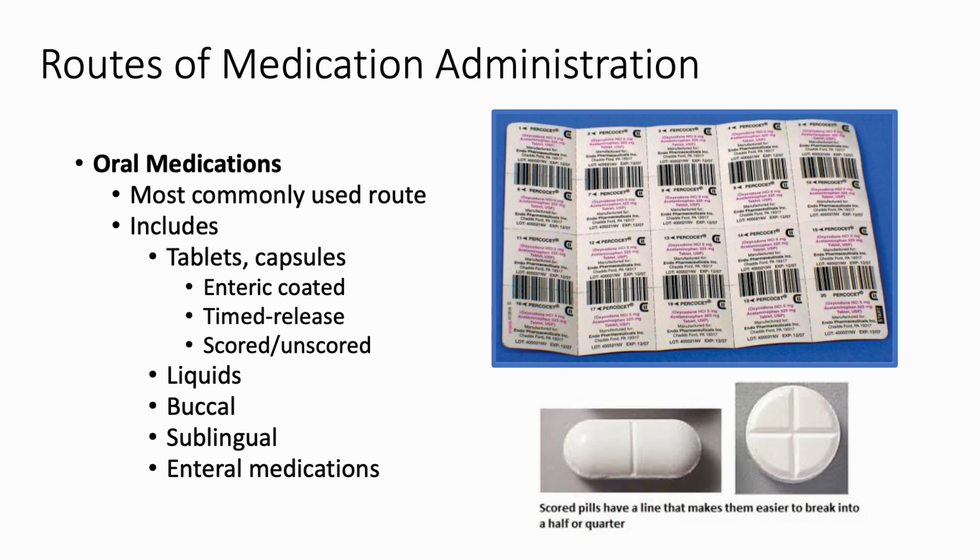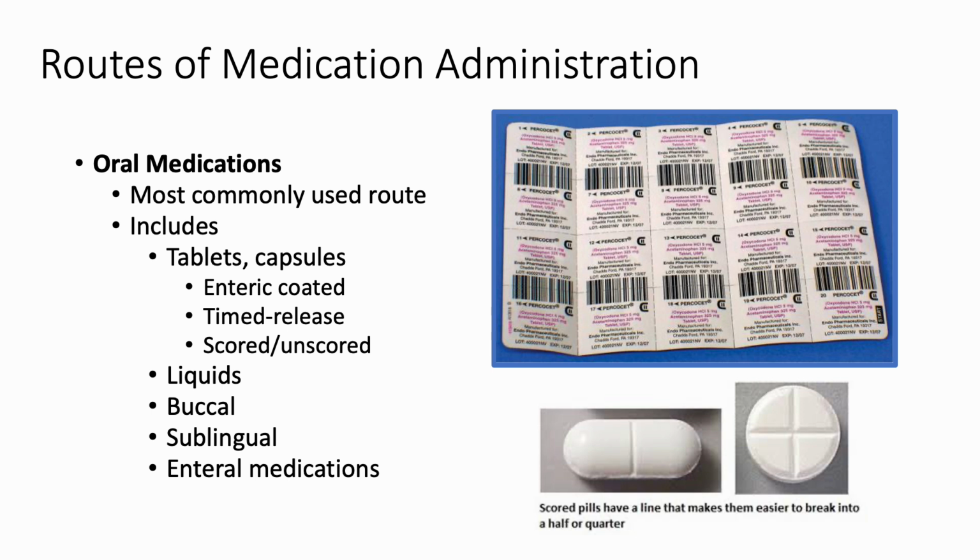And then there's also enteral medications as well. So for patients who cannot swallow or who have feeding tubes, we can give oral medications through an enteral tube. So remember, enteral, all that means is that it bypasses the mouth, okay? So it may go through an NG tube or through a regular G tube or a jejunal tube or whatever it is. We can give those oral medications via that route as well.